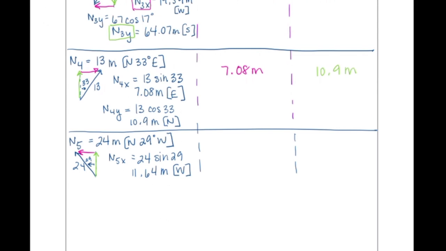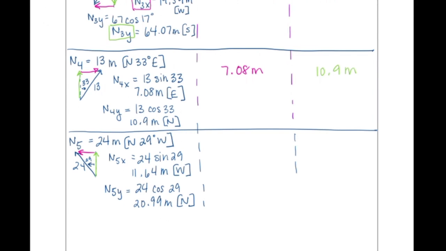And then for our vertical component, we're going to have 24 times cosine of our angle, and we'll get that it is 20.99 meters, and this one is going to be north.